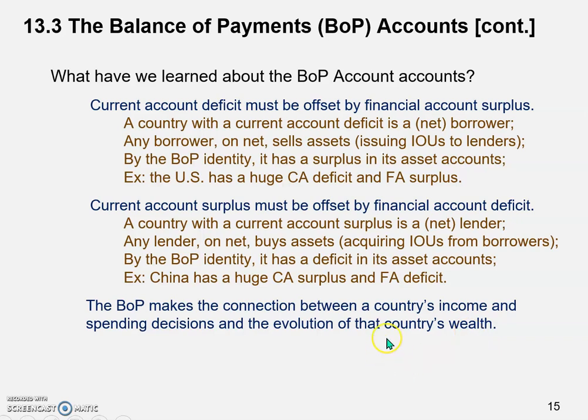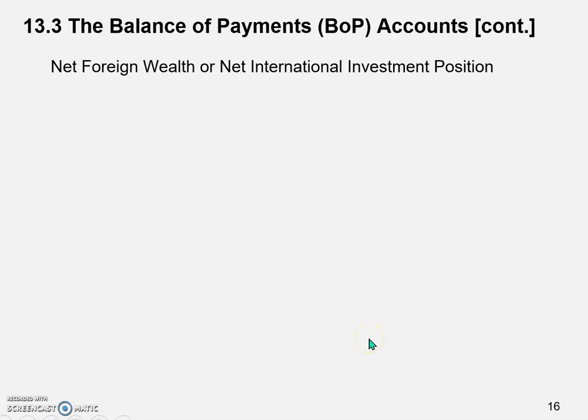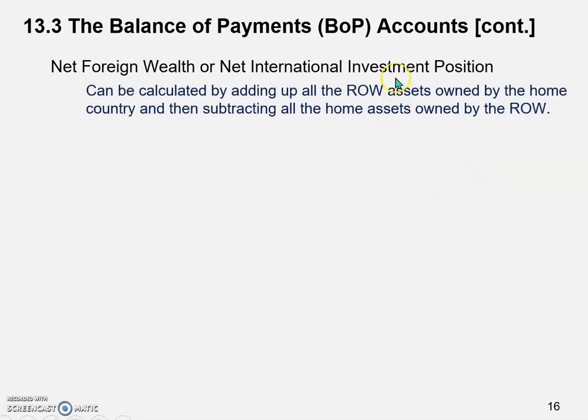All right, now, speaking of the country's wealth, we want to introduce another simple concept here. It's called the net foreign wealth, or net international investment position. Okay, so these two are interchangeable. Now, the net international investment position can be calculated by adding up all the rest of the world's assets owned by the home country, and then subtracting all the home assets owned by the rest of the world.